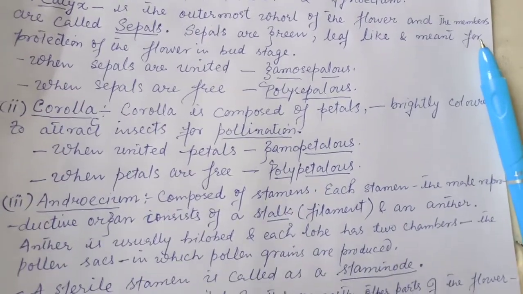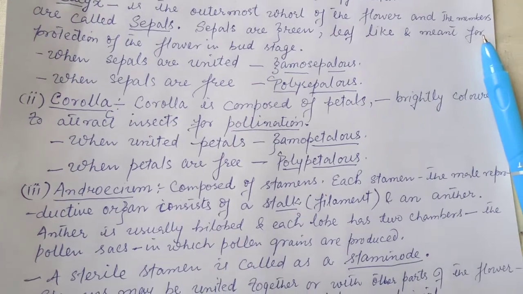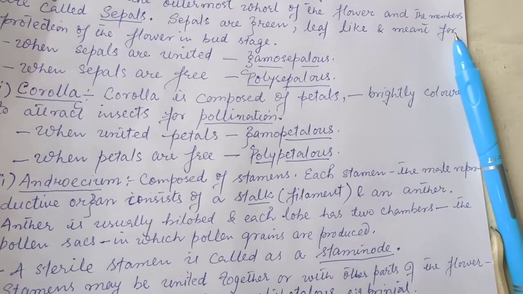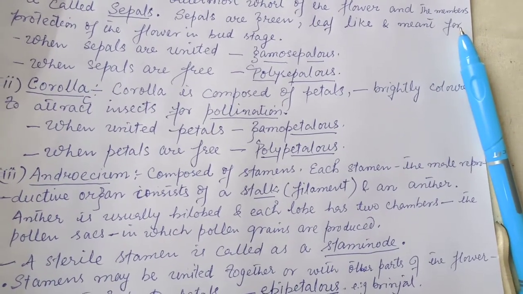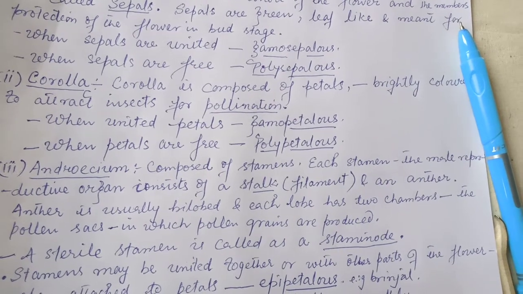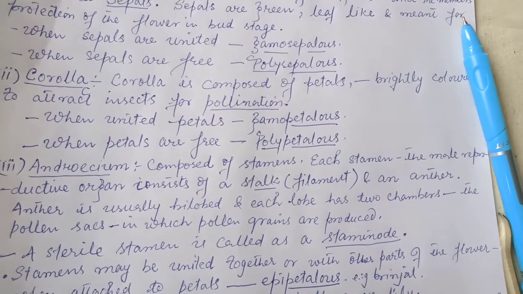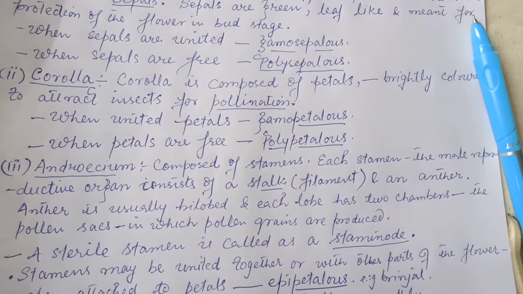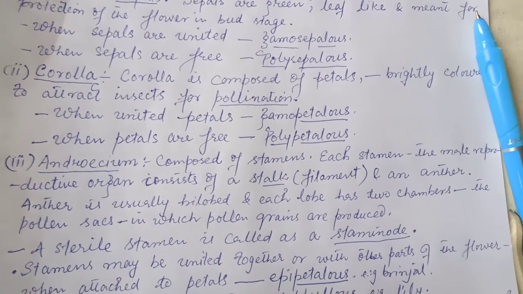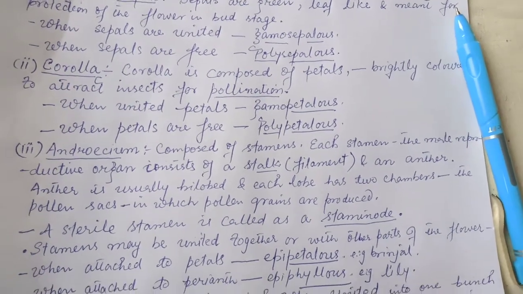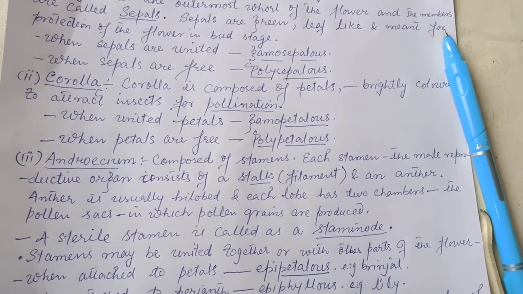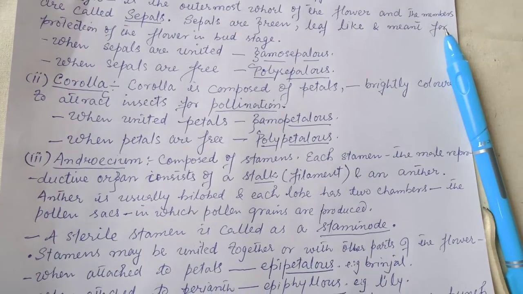Now the androecium, composed of stamens. The stamen, you must be remembering, is the male reproductive unit of the plant, or rather flower, and it consists of a stalk which is known as filament and has an anther at the tip.